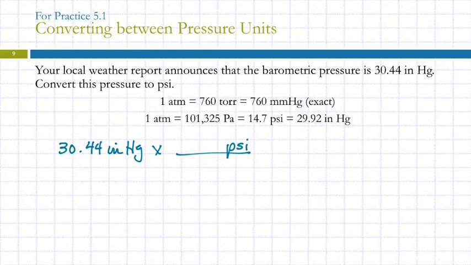The unit I'm coming from is inches of mercury, so those units cancel out. Then I go to the table, and these are really the only ones you're going to need. There are probably some other weird ones on the green chart, but these are really the only ones you need. So psi, 14.7. Inches of mercury, 29.92. Done.